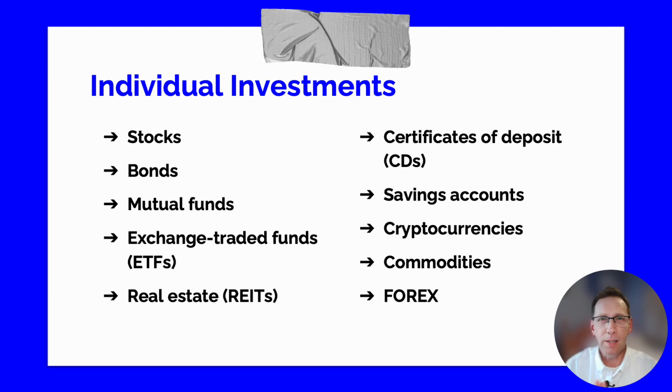Just as businesses can invest in some of these, individuals can invest in these as well. But in this lesson, I'm going to discuss investments not previously mentioned, and that's these four here.